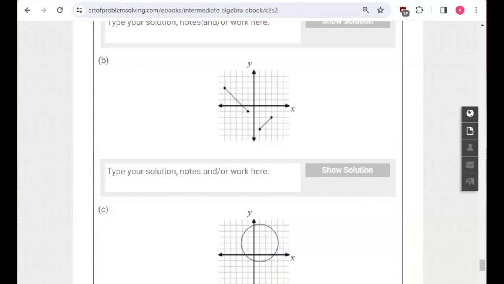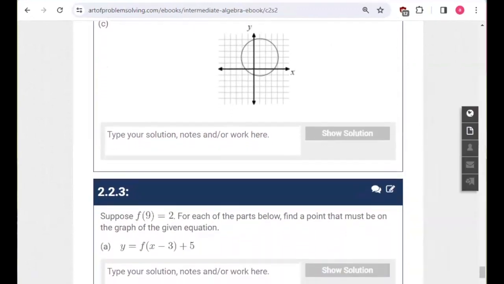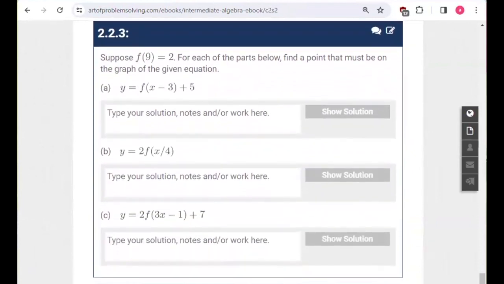Just a second, I've got to get off of annotate. All right. Sophia. Suppose f at 9 equals 2. For each of the parts below, find the point that must be on the graph for the given equation.